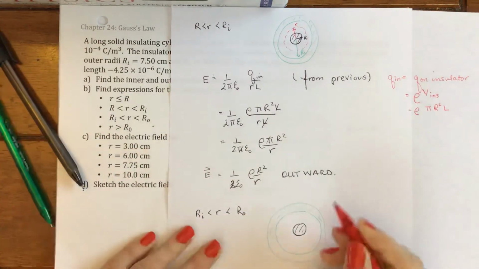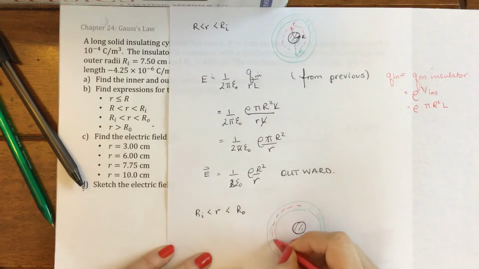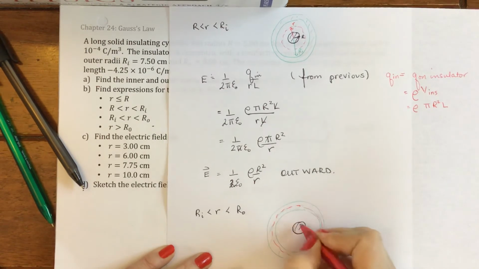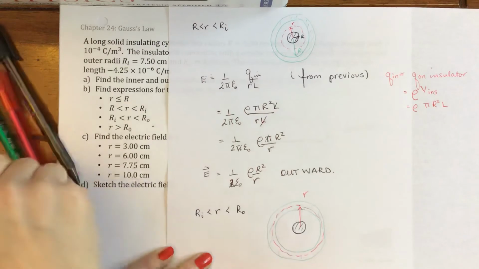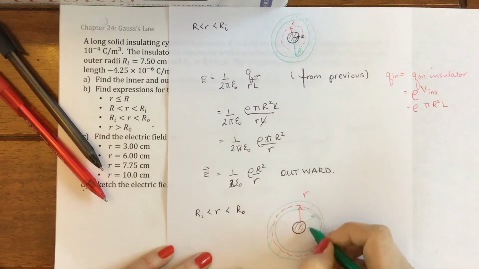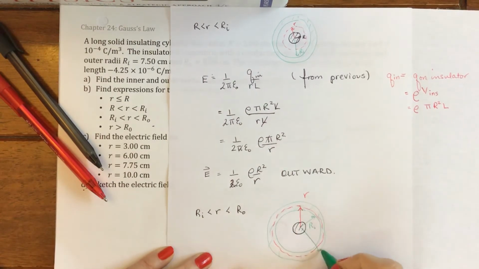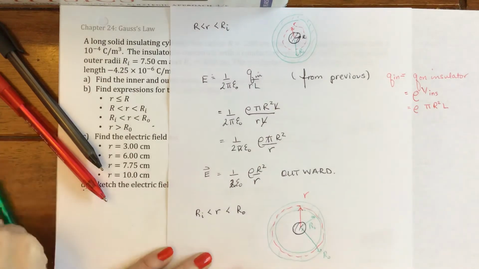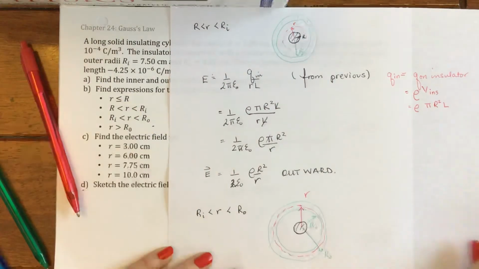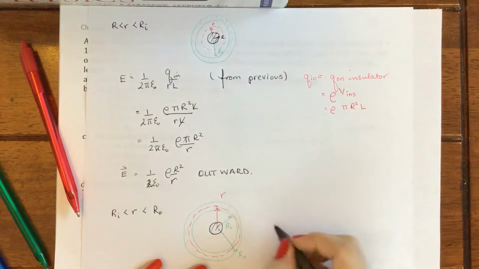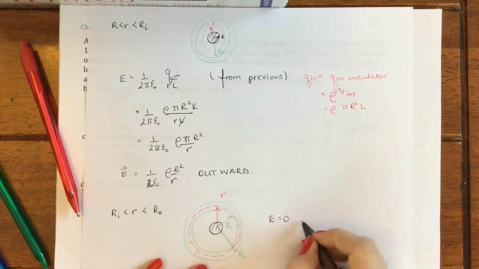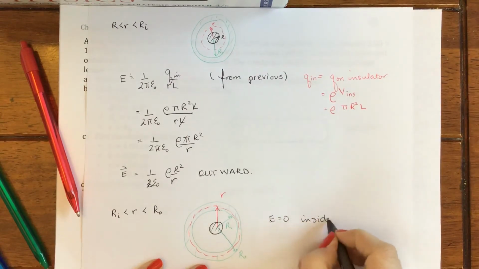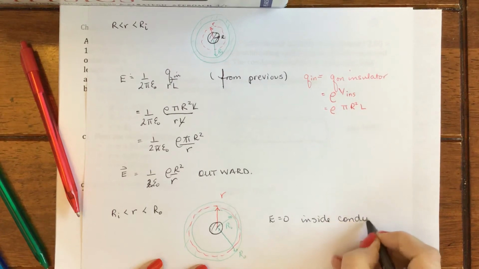This time the Gaussian surface is inside the conductor. So here's our little r this time. There's the radius of the inner surface of the conductor, radius of the outer surface of the conductor. For this part, the electric field is 0 because it's inside a conductor. So that part is easy.